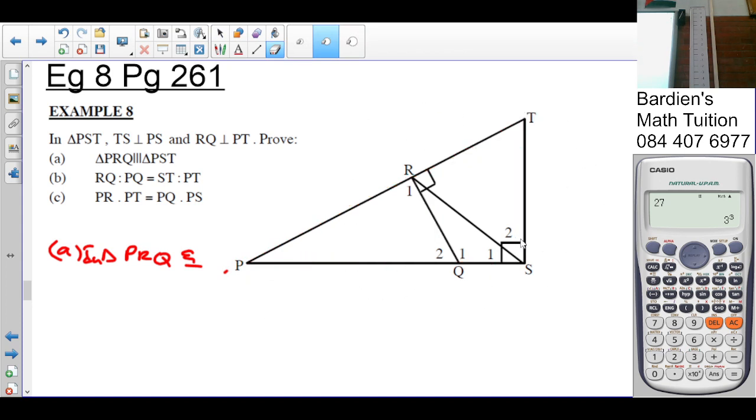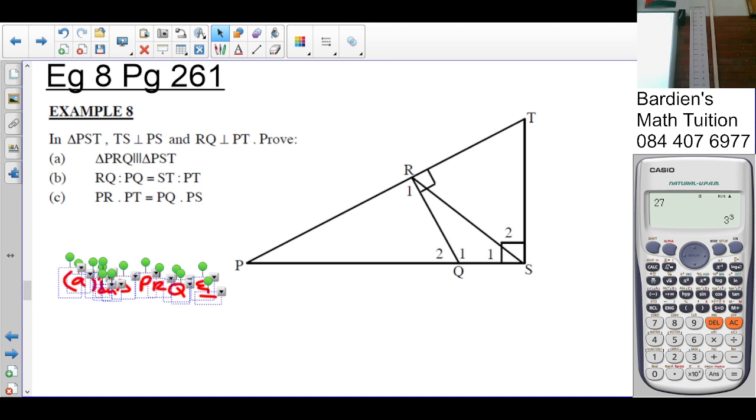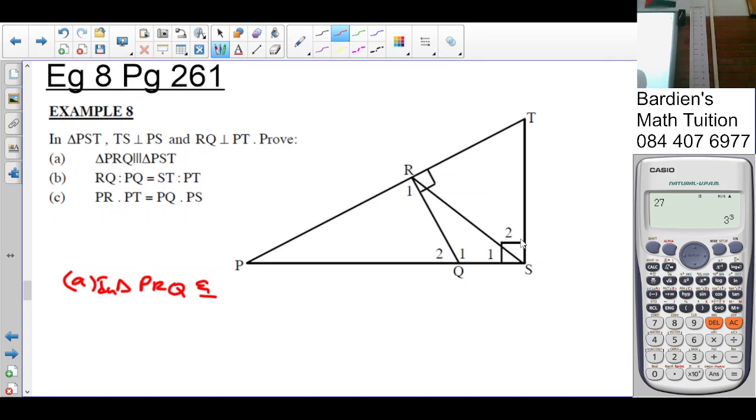As we did before in congruency, we start similarity the same. How do we start off with it? We say in triangle PRQ and triangle PST.